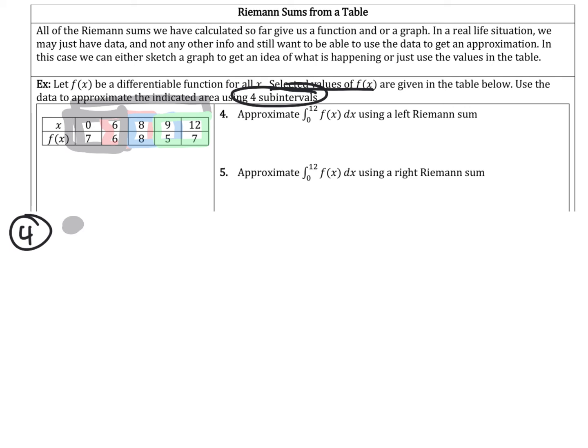For number 4, we are being asked to use a left Riemann sum, which means the width I'm always going to calculate by looking at the change in the x values. So I'm going to make that note down here. The width is always going to just be the change in x. So if I look at the change in x here, that width is going to be 6.